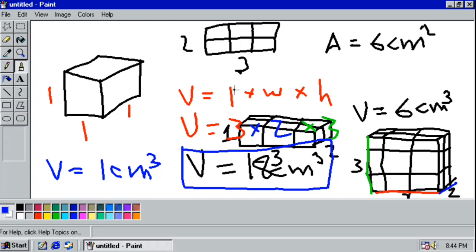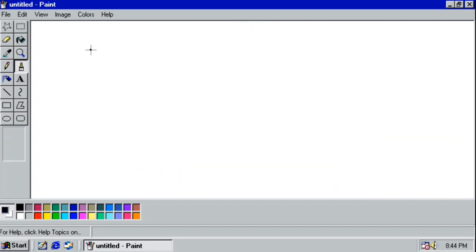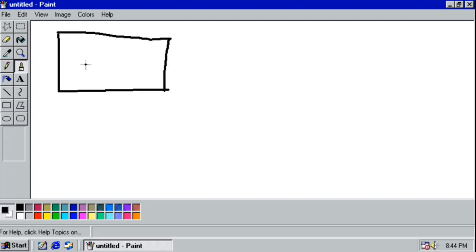18 cubic centimeters. So let's say we have a rectangle. Let's say this rectangle has an area of 28.28 square centimeters.